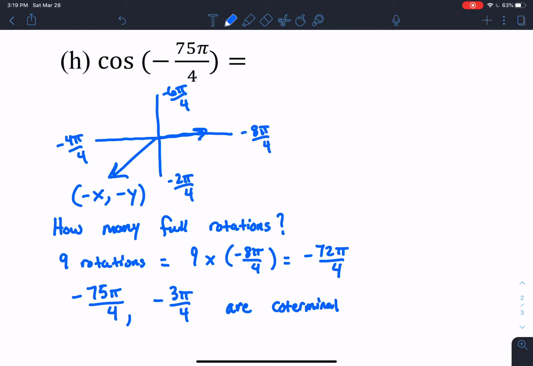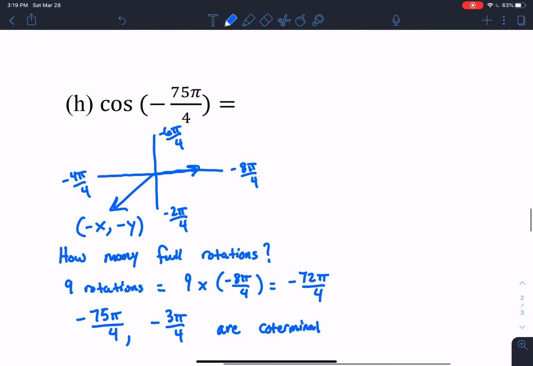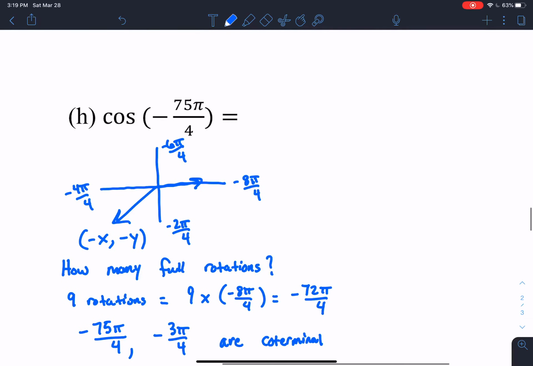Now the angle that we're using is pi over 4, so pi over 4, root 2 over 2, root 2 over 2.